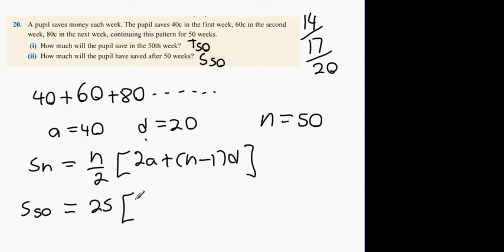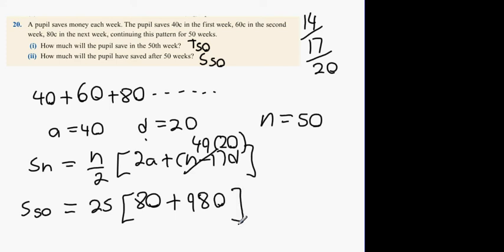2 times a is 80. 50 minus 1 is 49. 49 multiplied by 20 is 980. So we're going to have 25 times 1060.